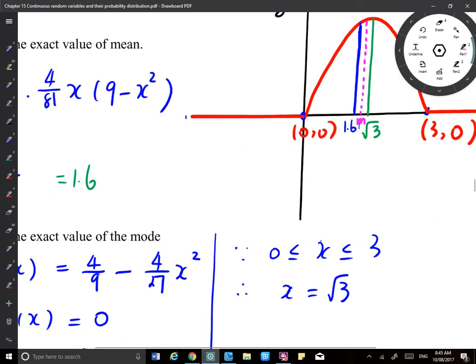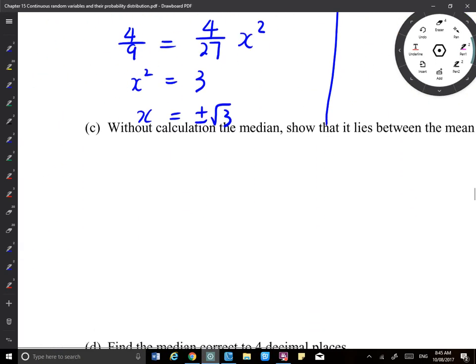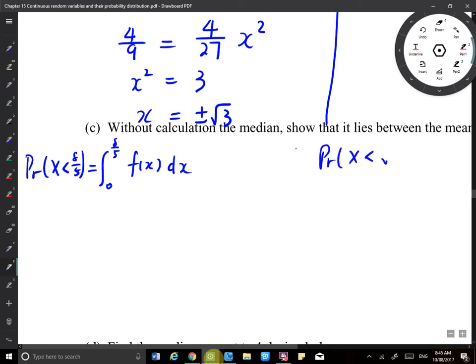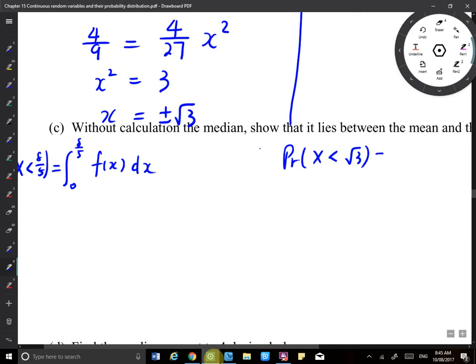So what we need to show now is the area from 0 to 8 over 5 of f(x), which is the probability x less than 8 over 5, and also from 0 to root 3 of f(x) dx.